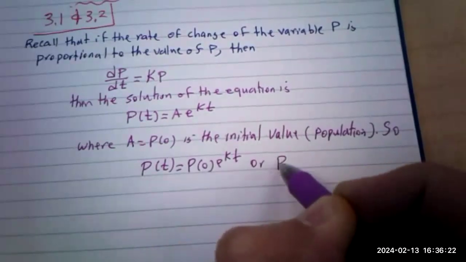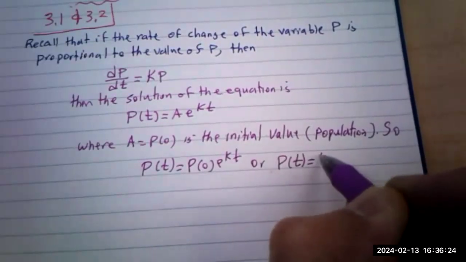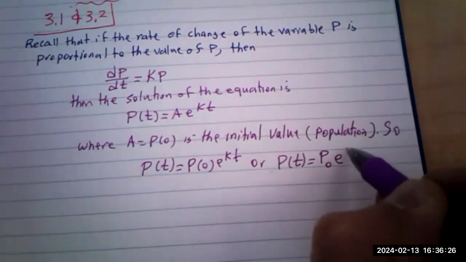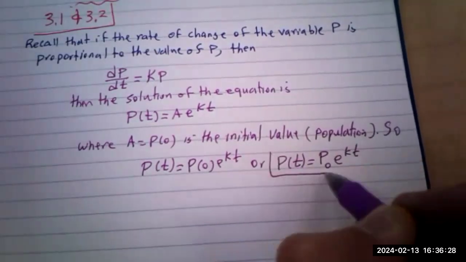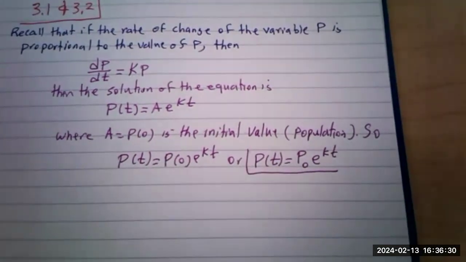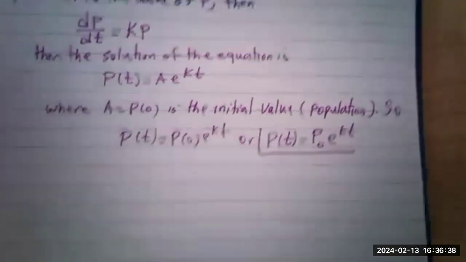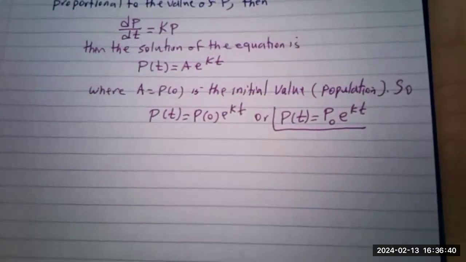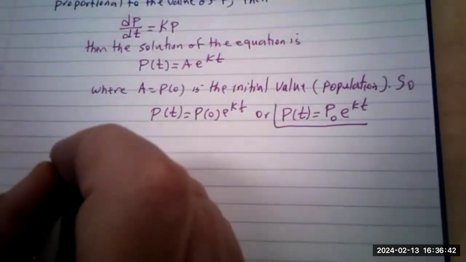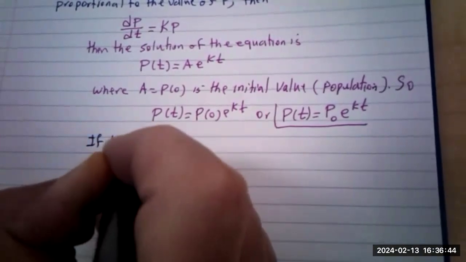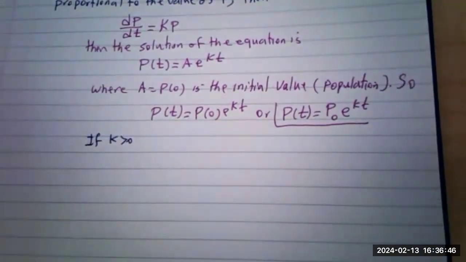Sometimes P of t is equal to P sub 0 e to the kt. So that's a model for this type of population. If k is positive, you have the growth. If k is negative, you have the decay. If k is positive, it's an exponentially increasing function.